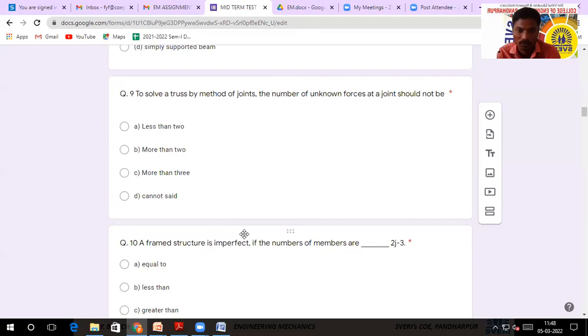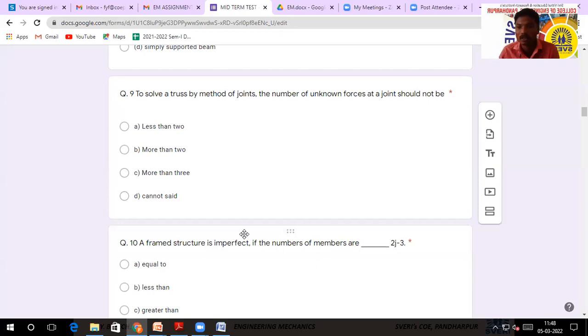It's okay. Number one, if it is the case, then how many unknowns should be there at that joint? That is, how many equations can we apply at that joint? 3 or 2? Two. Then how can you say more than 3? We can apply only 2 equations. How can we apply a moment equation at a point, because the number of forces are passing through that point only? So the third equation we can't apply, though it is with us.